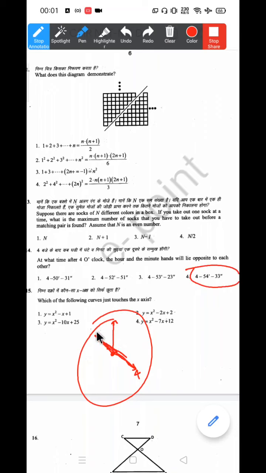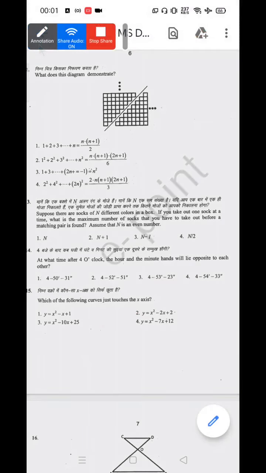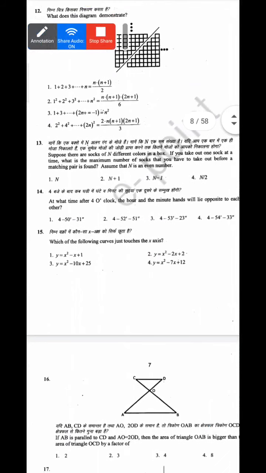It looks much closer to 55. Yes, to me. Other than this, 50, 52 and 53. So I'll go with that. Let's go to the next one. I'll just take 5 more minutes for this.